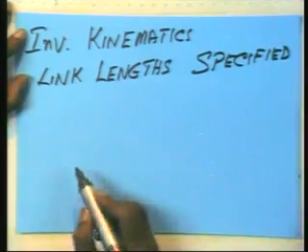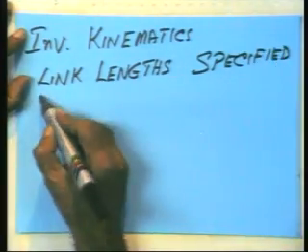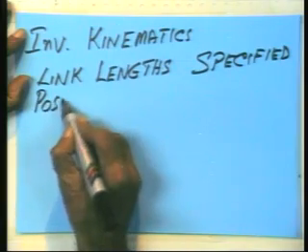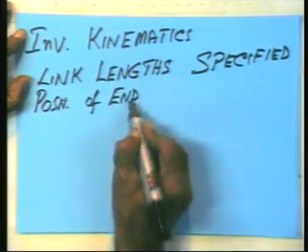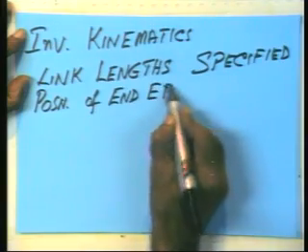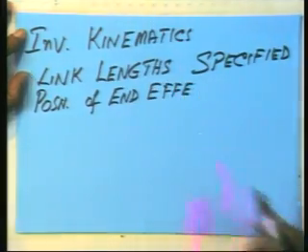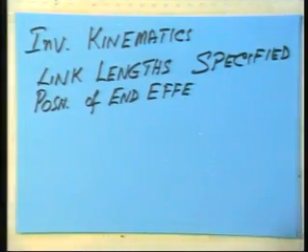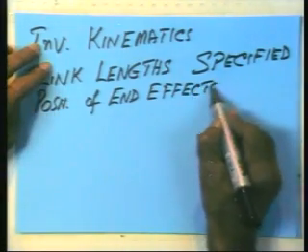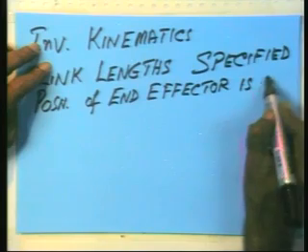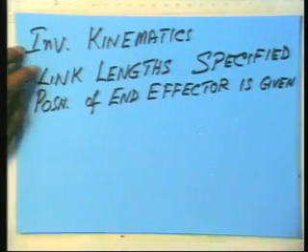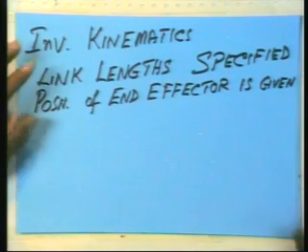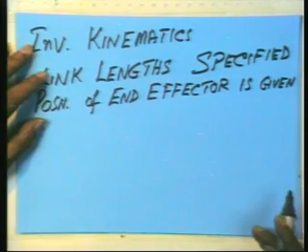And what else is specified? The position of the end effector is specified. When I say position, I use the word very loosely. Actually, what I mean is both the position and orientation. I should say more clearly, the location of the end effector with respect to the base of the five-bar. Now you have to do that.